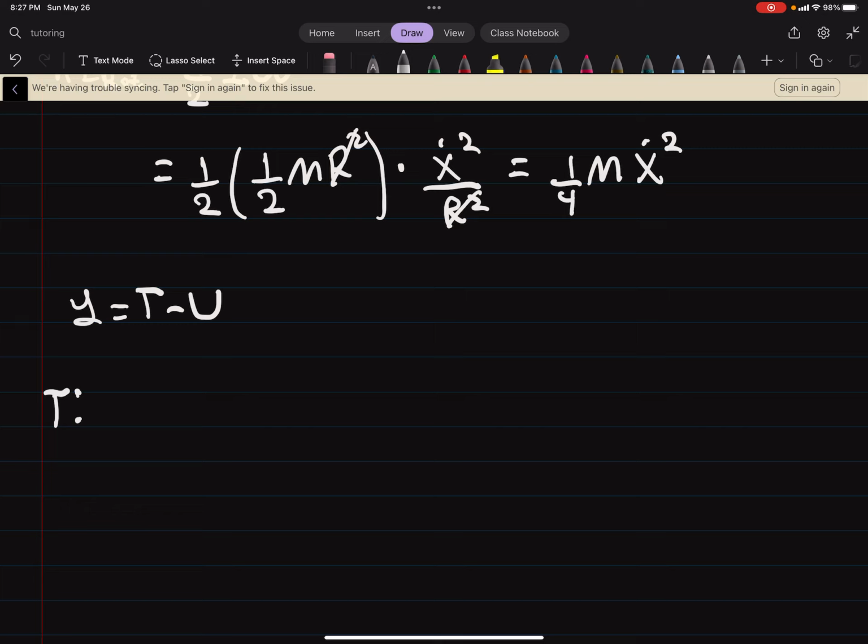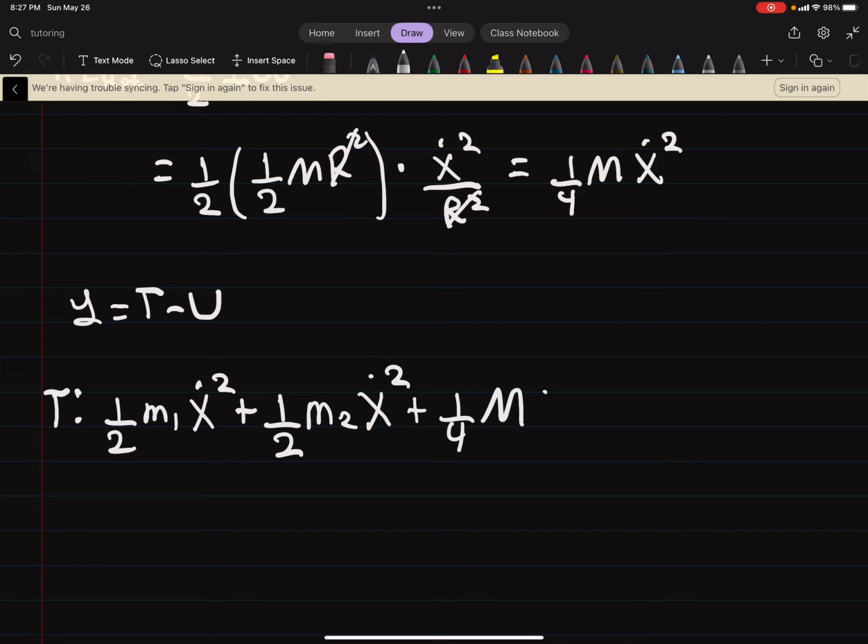For kinetic energy, we'll have 1/2 m1 x dot squared plus 1/2 m2 x dot squared plus 1/4 capital M x dot squared. Okay, so that is our kinetic energy.